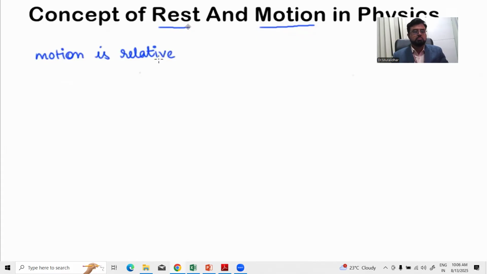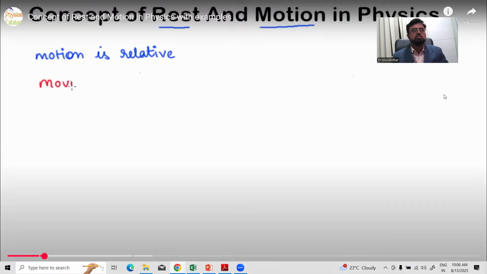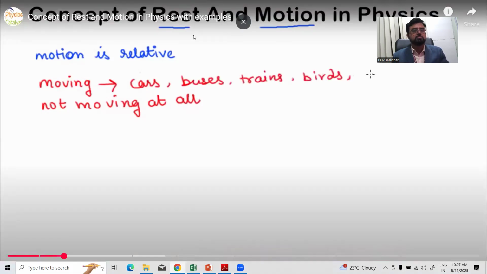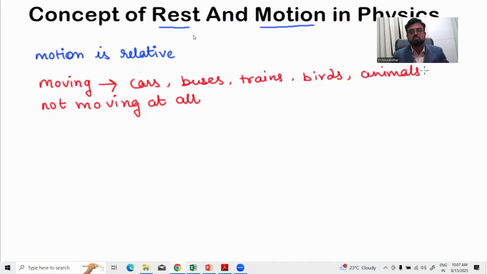Now, if you look around, then you might find some things moving and some things not moving at all. Moving things around us includes cars, buses, trains, birds, animals, human beings, etc. All these things move from one place to another.